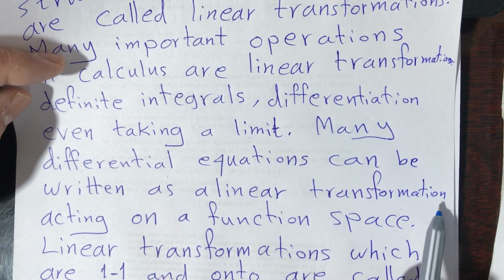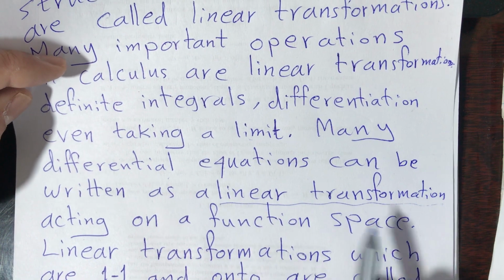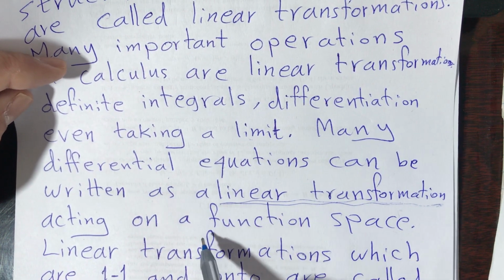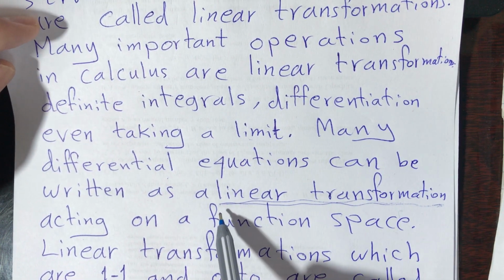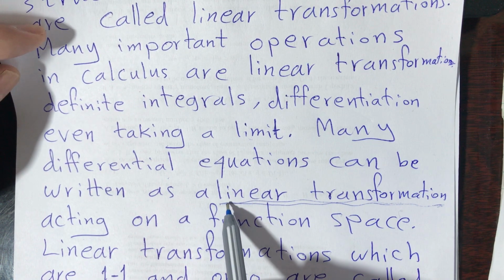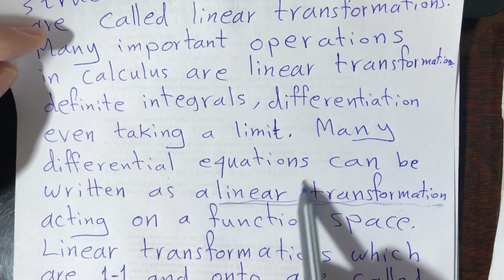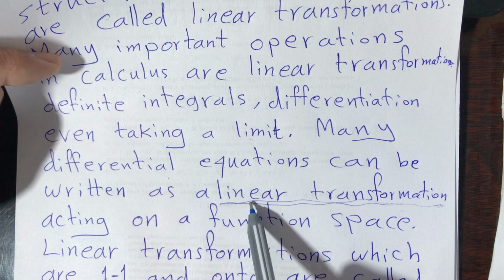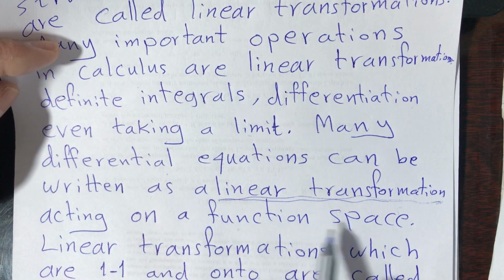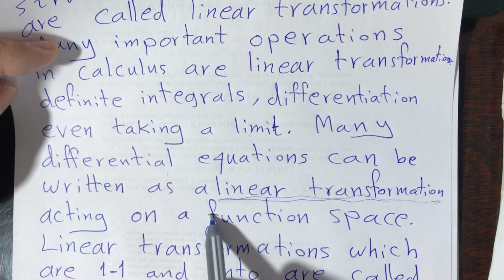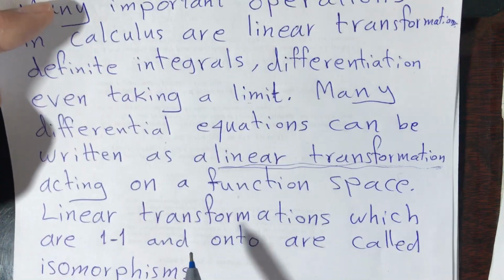A linear transformation in Arabic means التحويلات الخطية. This is تحويلات and this is خطية. Acting on a function space.